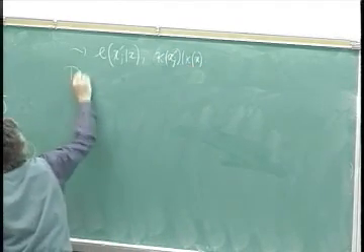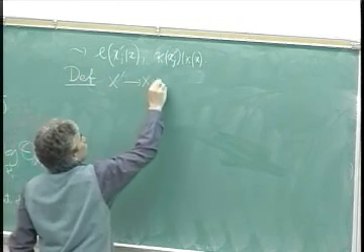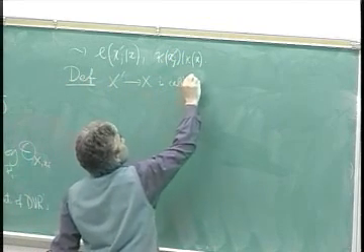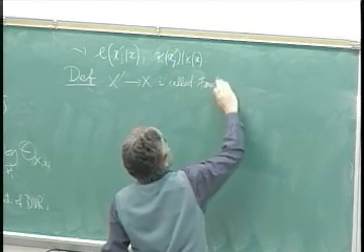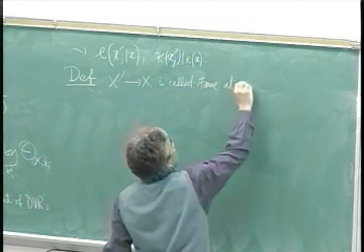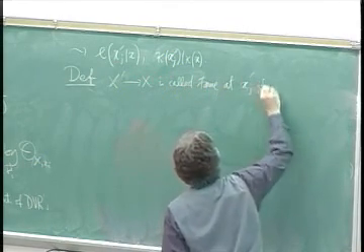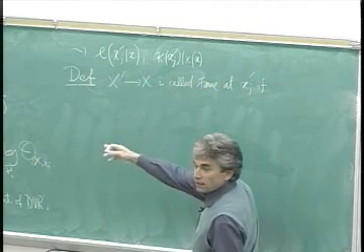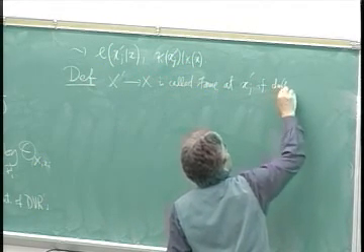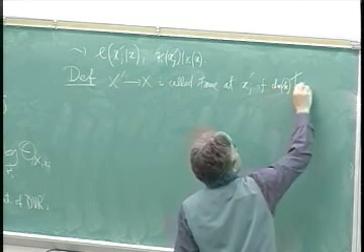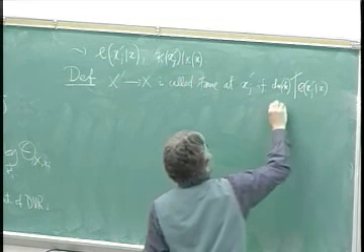Now definition, x dashed to x is called tame, tamely, or tame at xj, at one of these xj dashed, if, as usual, that is an extension of tame extension, that means if the characteristic of k does not divide e of xj dashed over x, and this is separable.